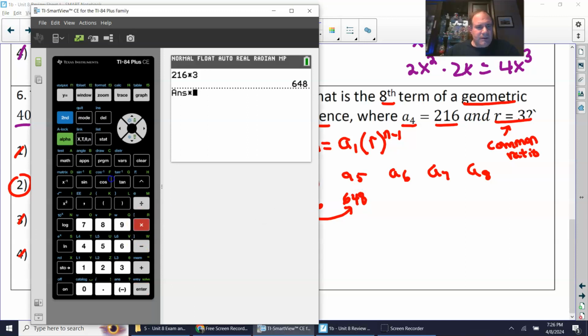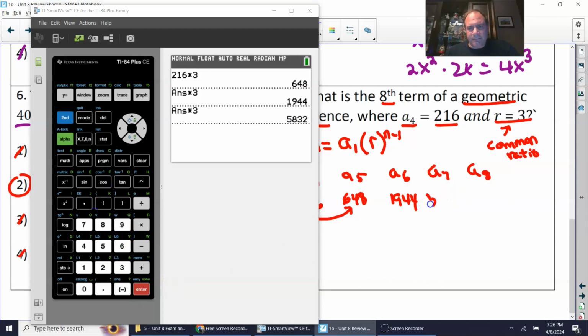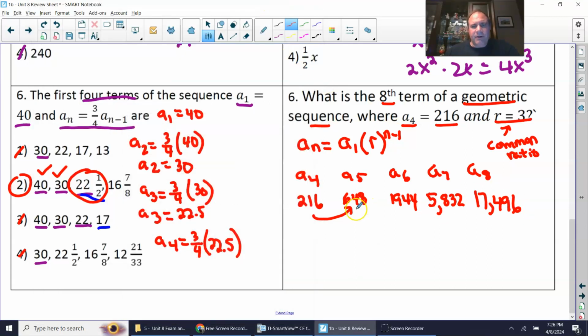Then times 3 again to get to 1,944. Then times 3 again to get to 5,832. Then times 3 again to get to 17,496. So just remember, you're just multiplying by 3 because they gave you the common ratio.